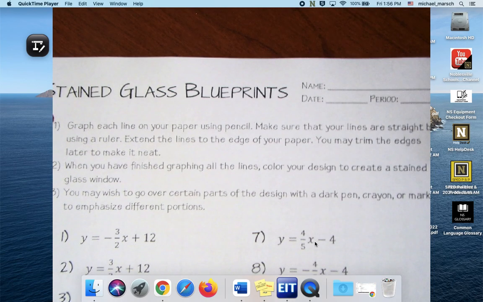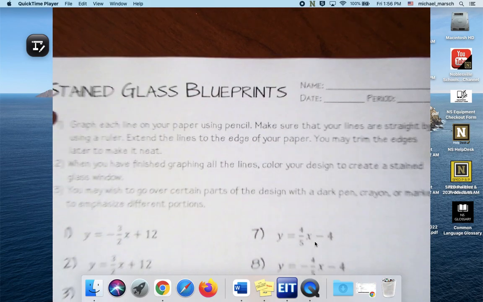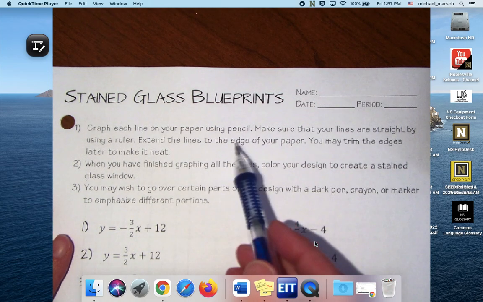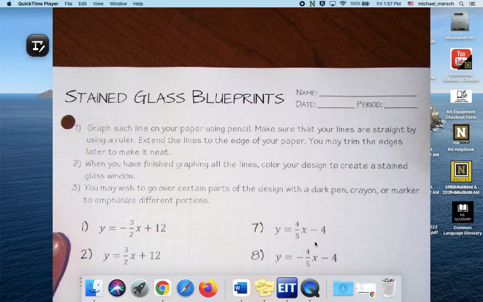So the directions say, graph each line on your paper using pencil. Everybody see where it says pencil? So don't do this with marker or flare pen or red pen or pink pen or blue pen. Get out a pencil. Make sure that your lines are straight by using a ruler.